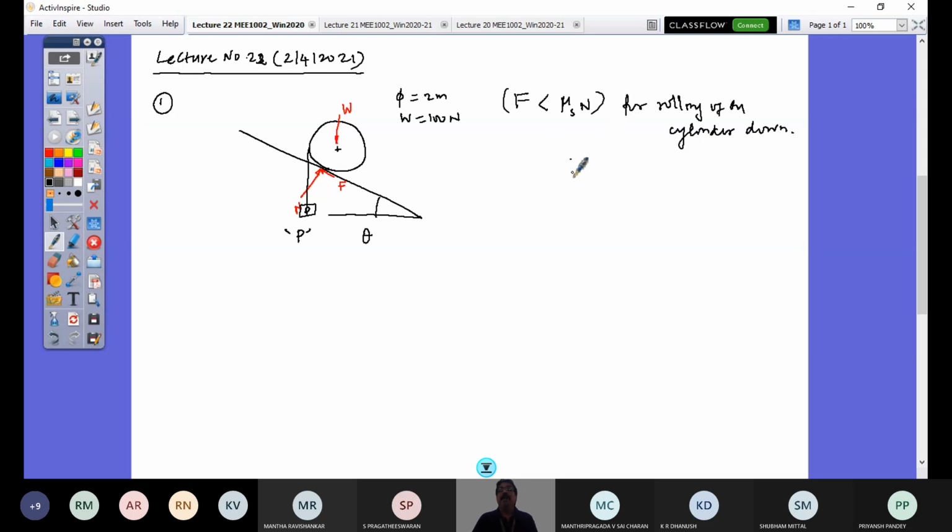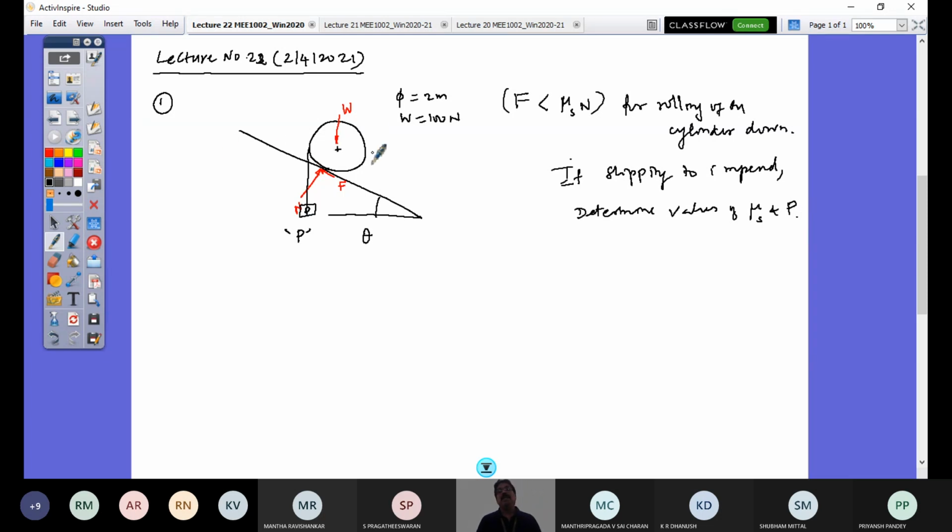If slipping is to impend, determine the values of μs and P. That's the question. Do you get the question?